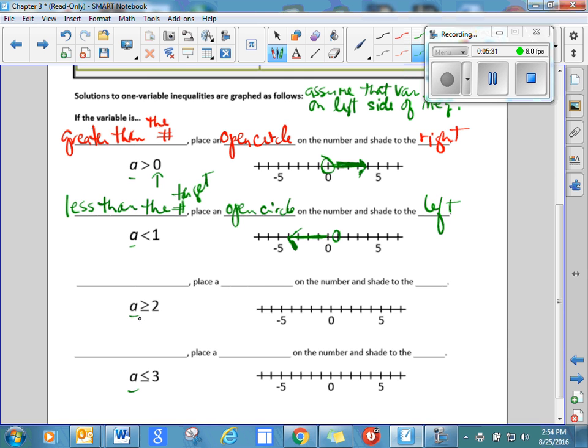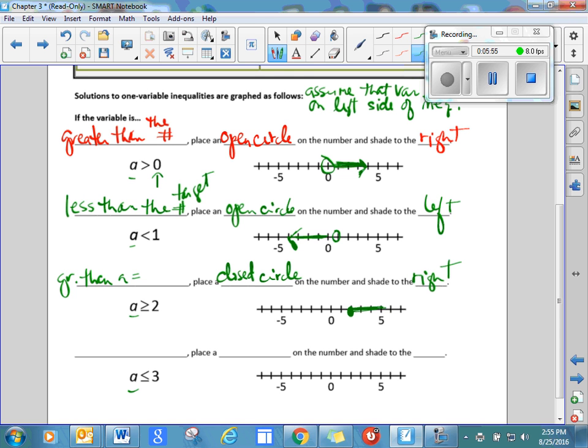Third example, it includes the greater than or equal to and the less than or equal to. So if your target number is greater than or equal to, place a closed circle. This is where we shade in the circle completely. A closed circle on the target number. And again, go back and shade to the right. So here's +2.